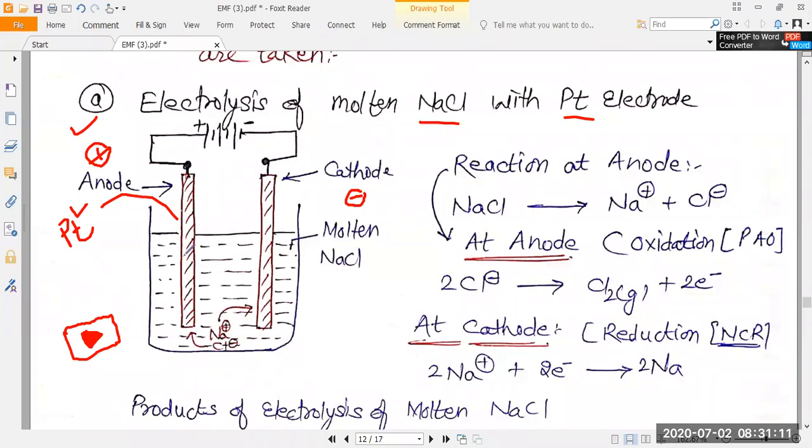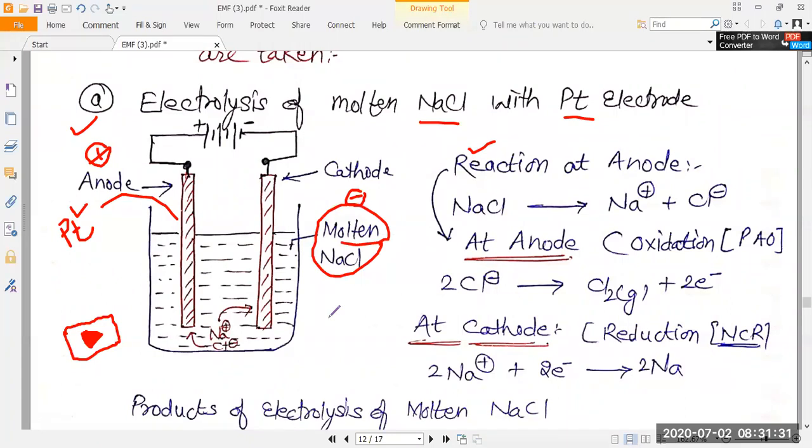When we set up this electrolytic cell and fill molten NaCl in the tank, the electrolysis process starts. Molten NaCl means the liquid form of NaCl. We know NaCl is found in solid form.